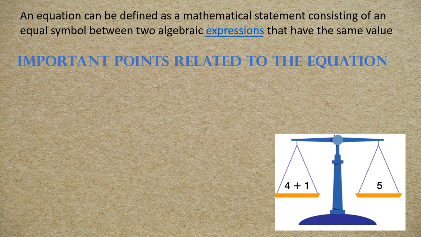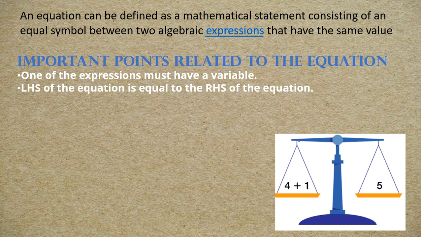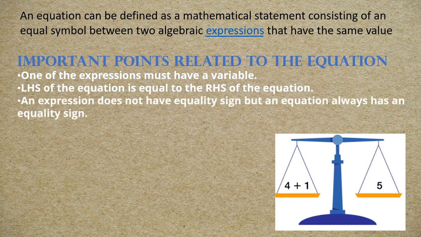Now the important points we have about equations are: one of the expressions, any one, left hand side or right hand side, must have a variable. The left hand side of the equation is equal to the right hand side of the equation. An expression does not have an equality sign, but an equation always has an equality sign.